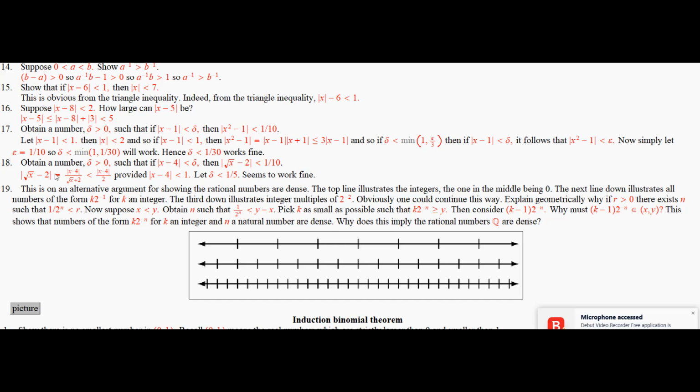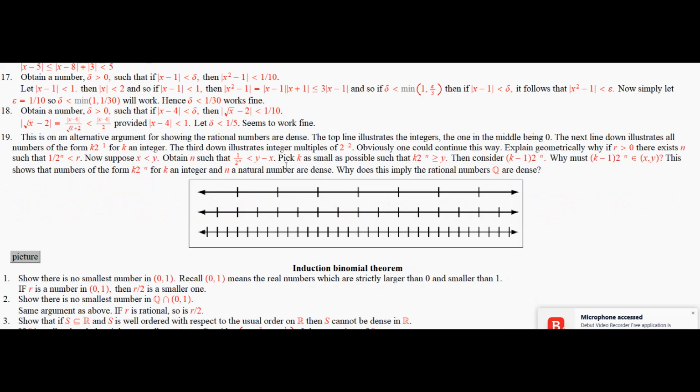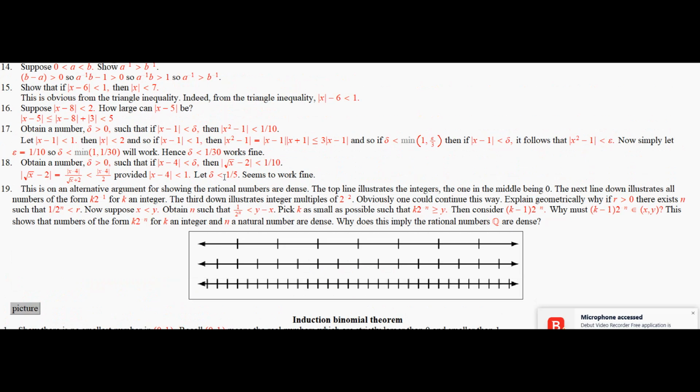This inequality will hold, and I could say that this expression is smaller than 1/5 times 1/2, and that's 1/10. So I did it.